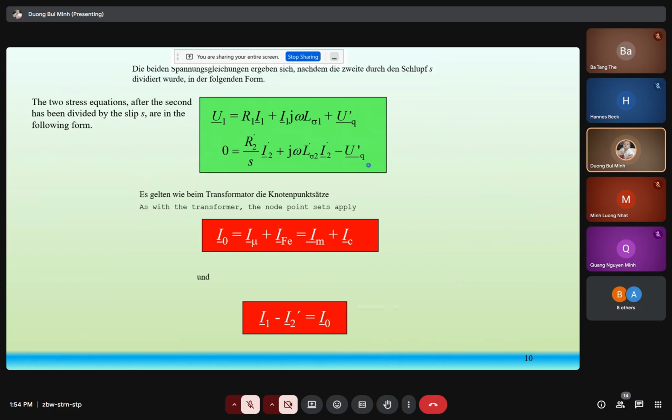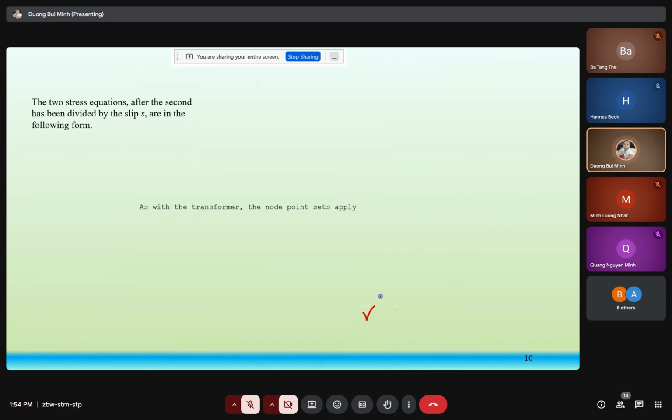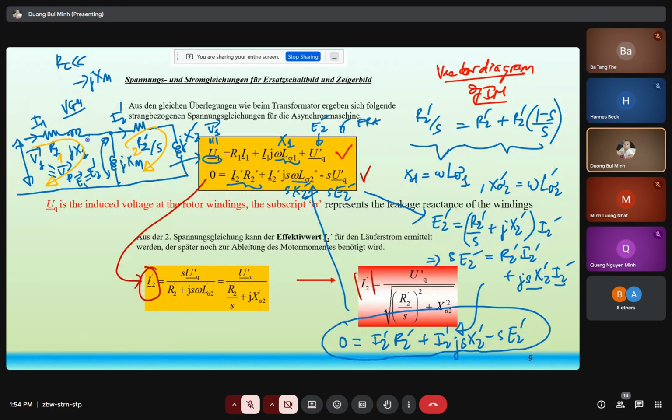And we have another equation here. Why? If here is I1, this is I1, right? And this one is I2 over comma, so this one is I0, which we discussed before.